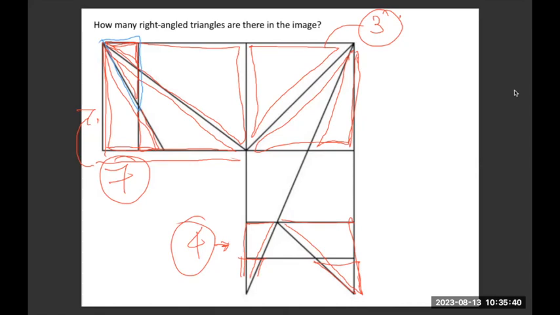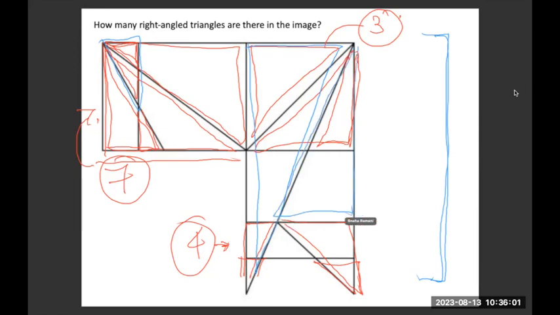Now I'm going to take this whole part completely together, the whole larger rectangle which is there. 1, 2, 3, 4.